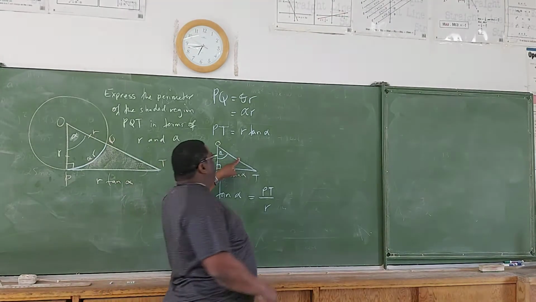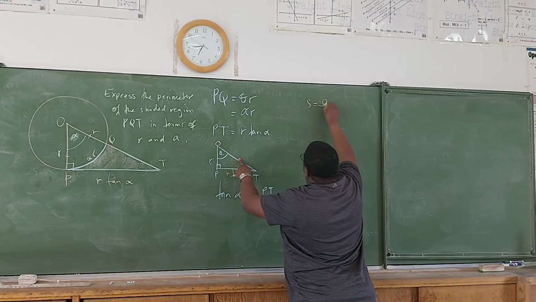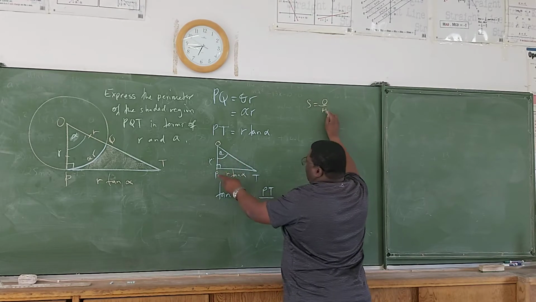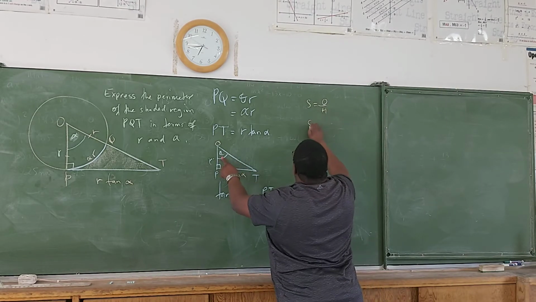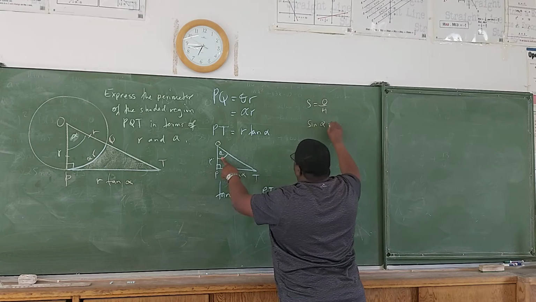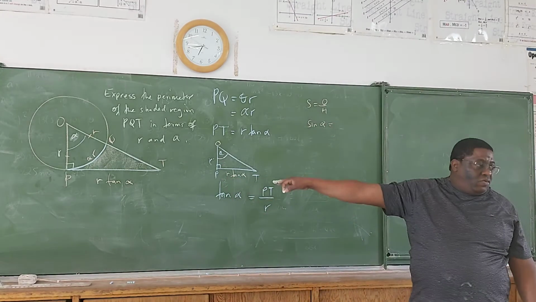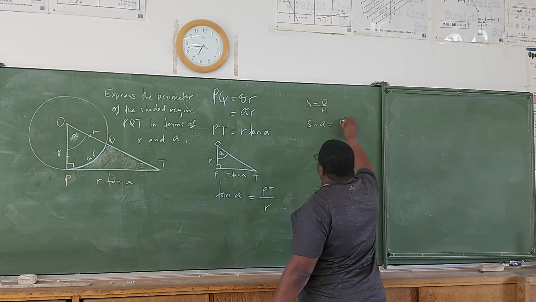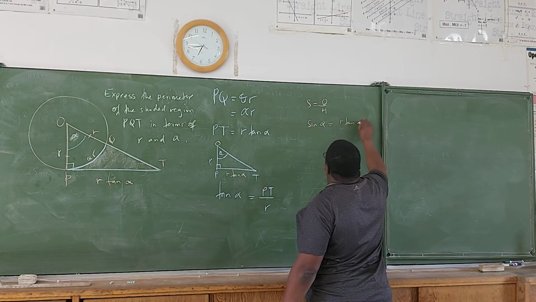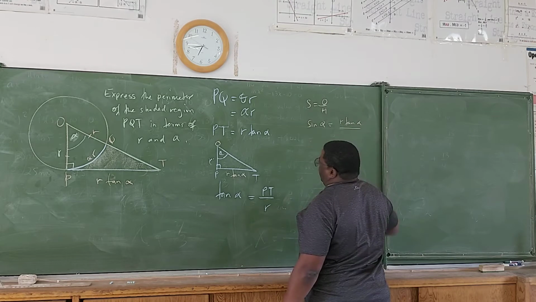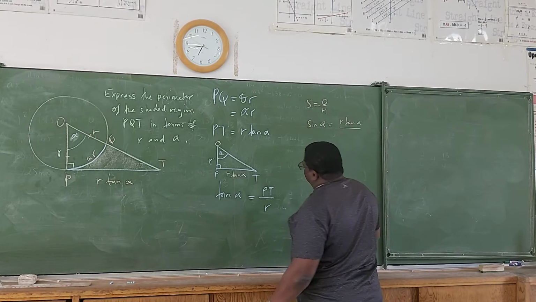I hope you still remember. The sine is opposite over the hypotenuse. So, in order for me to find this distance, I must say the sine of alpha is equal to whatever is opposite, which is R tangent of alpha over what? Over the hypotenuse.